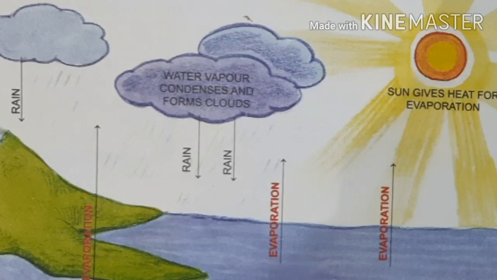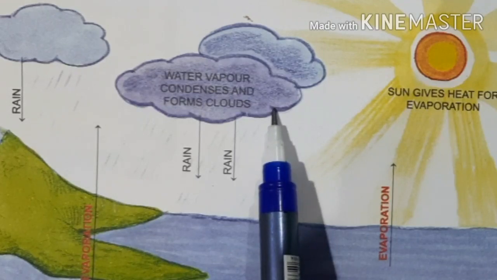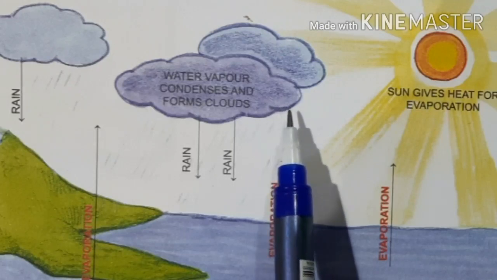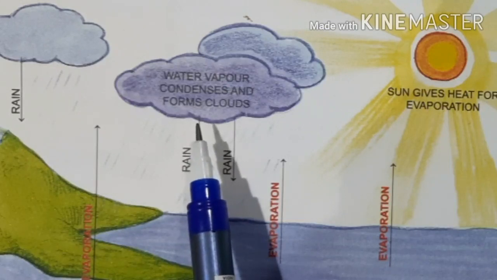How are these clouds forming? After the evaporation, the water vapor goes to the higher levels of the atmosphere. In the higher levels of the atmosphere, the temperature is low. Because of that, water vapor changes into water droplets. How?